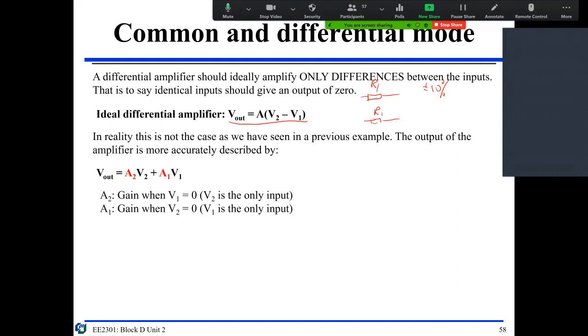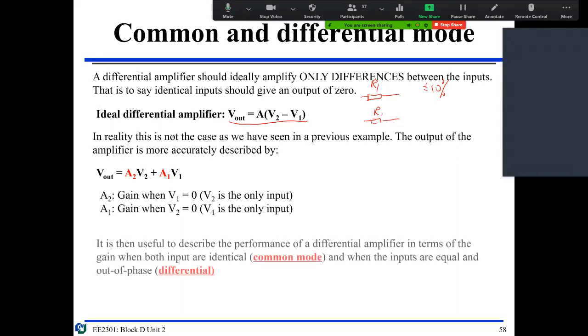So in this case, this is the gain. You set one to 0, and the output is due to V2. Another one is due to V1. So we want to know how bad this is.